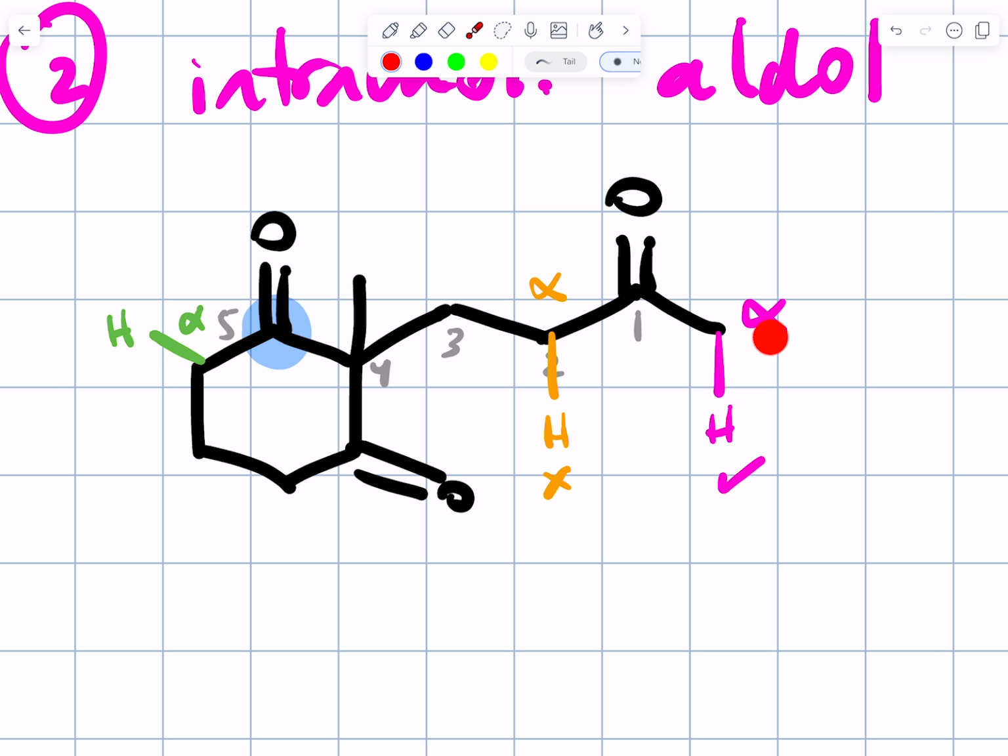I've had students come to my office before in practice problems and say, okay, what about the green alpha proton? And they notice, hey, if the green alpha proton attacked this carbonyl, that's 1, 2, 3, 4, 5, 6 atoms away. That's a 6-membered ring too. You have to build a model to see this, and so this is beyond the scope of the class.